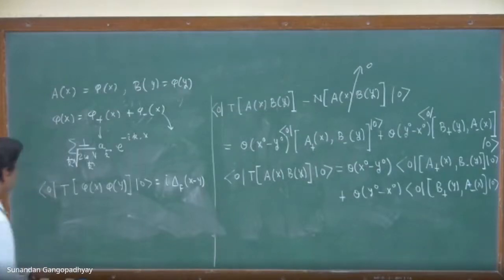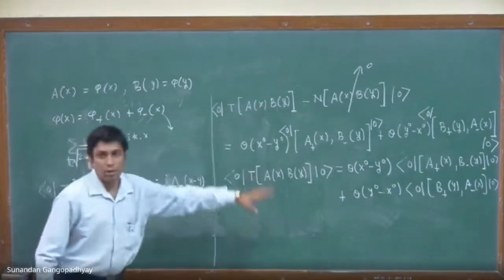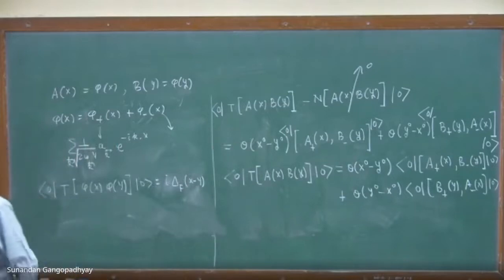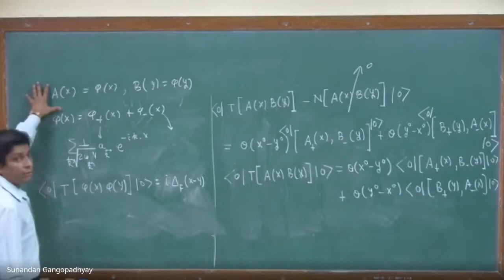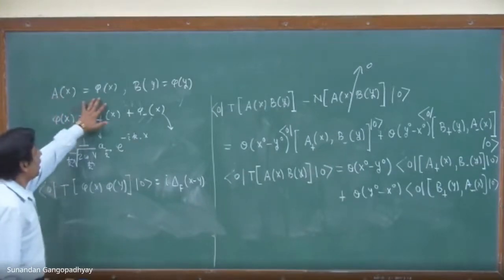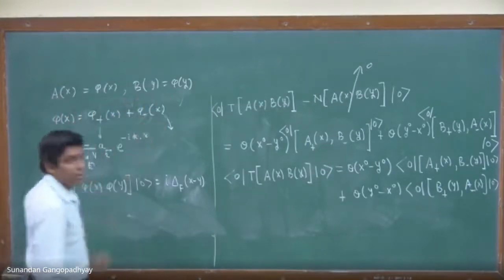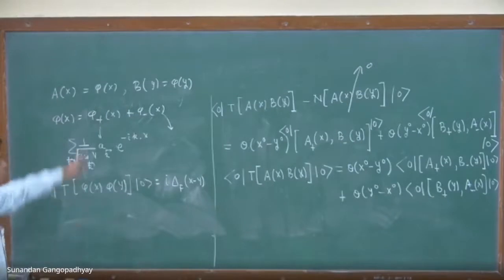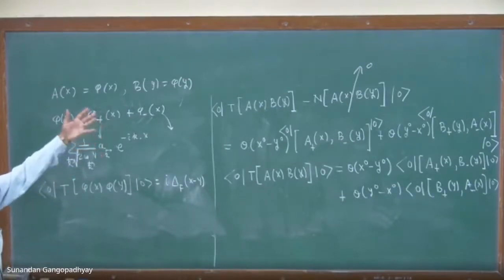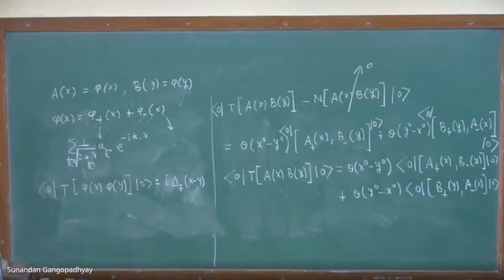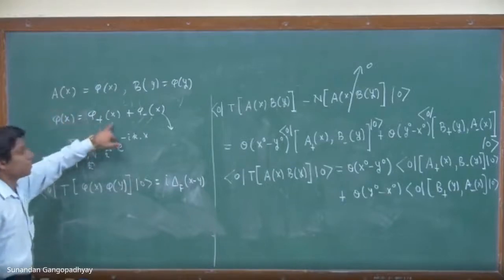You can now take A to be a complex scalar field also. So this will be phi, and B will be appropriately phi y. So these are complex scalar fields, and then you know what phi plus is. Phi plus has a, but phi minus is not a dagger. It is basically b dagger.